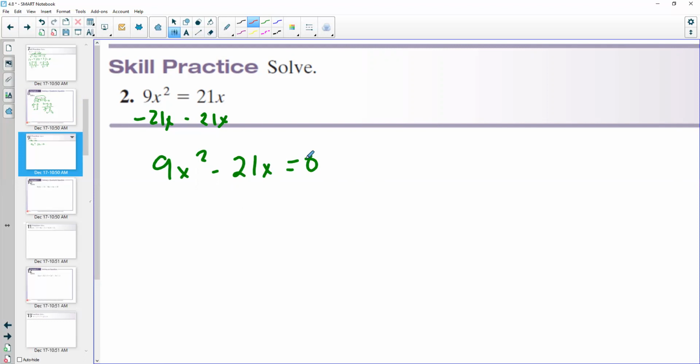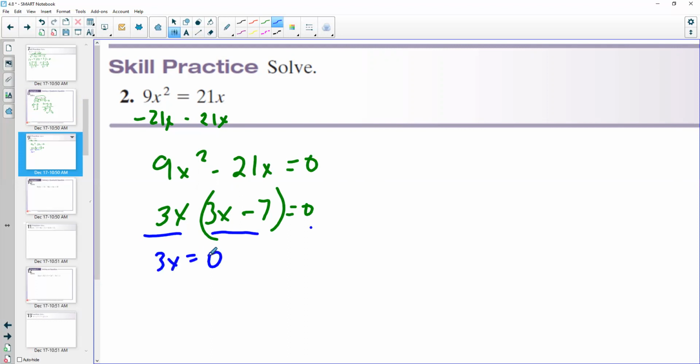I can take out 3x. So I get 3x minus 7 equals 0. And now, once again, I have product times product equals 0, right? So I can set them equal. 3x equals 0. 3x minus 7 equals 0. Over here, divide by 3. X equals 0 still. Plus 7.